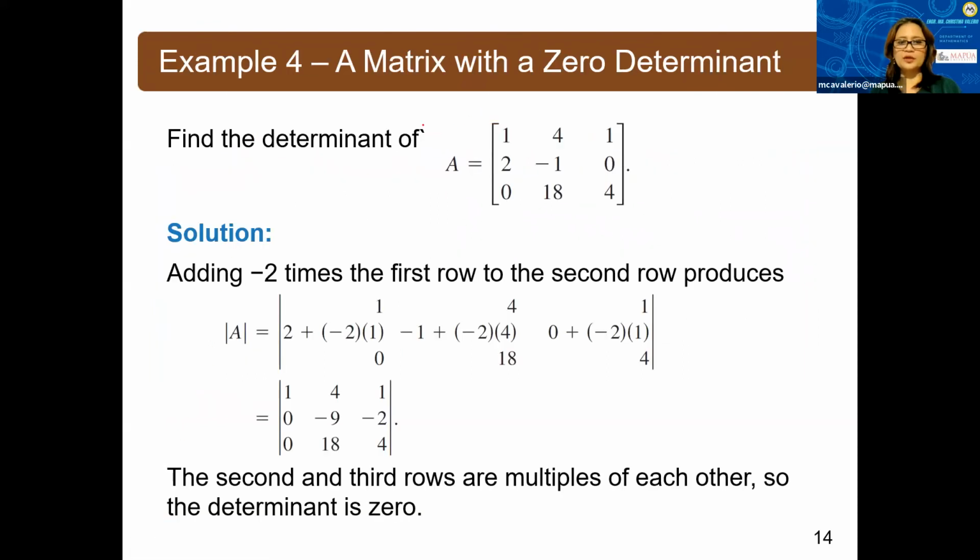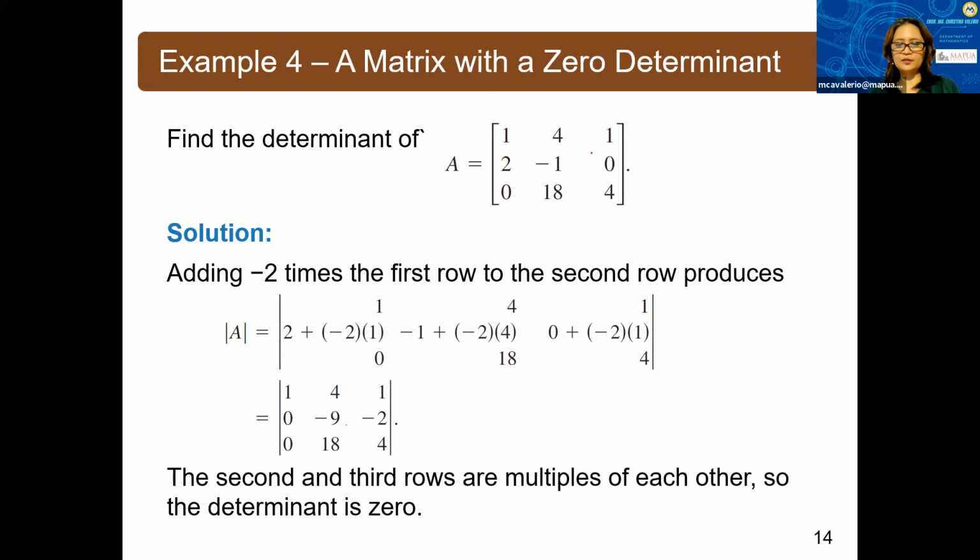For example, A is said to be a matrix with 0 determinant. Now let's see why. Adding negative 2 times the first row to the second row produces the following. We will have negative 2 times 1 is negative 2 plus 2, which gives 0. Then negative 2 times 4 is negative 8, and negative 8 plus negative 1 is negative 9.